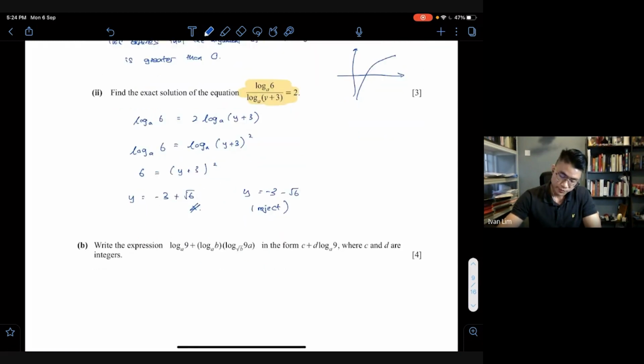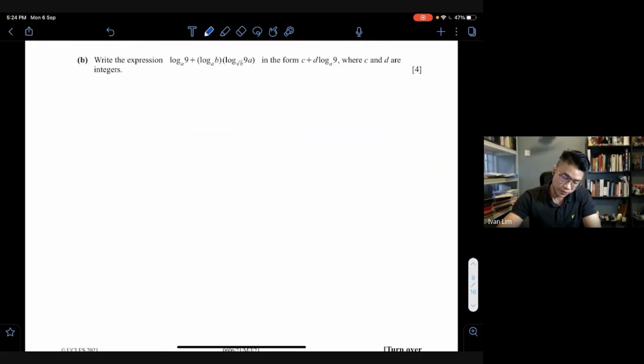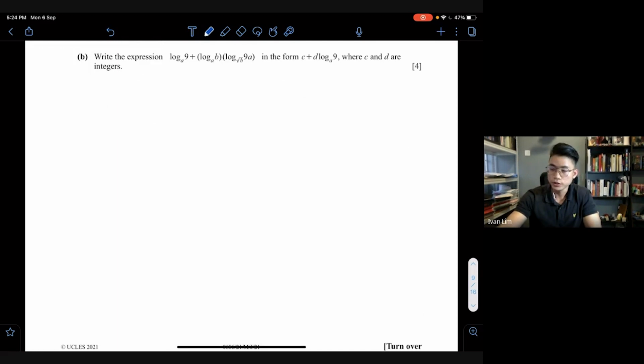Okay, so this question B, I think, is a bit tricky, but we just need to break it down into small parts. Write the expression log A of 9 plus log A of B times log root B of 9A in the form C plus D log A of 9. Okay, don't panic. This one looks complicated because I often see students panic when they see a surd in the base.